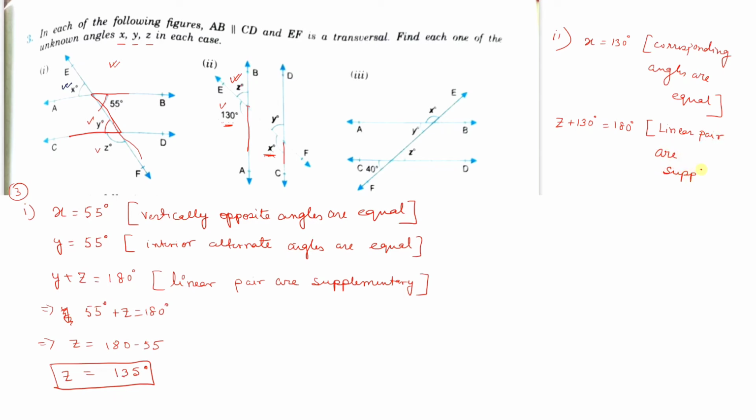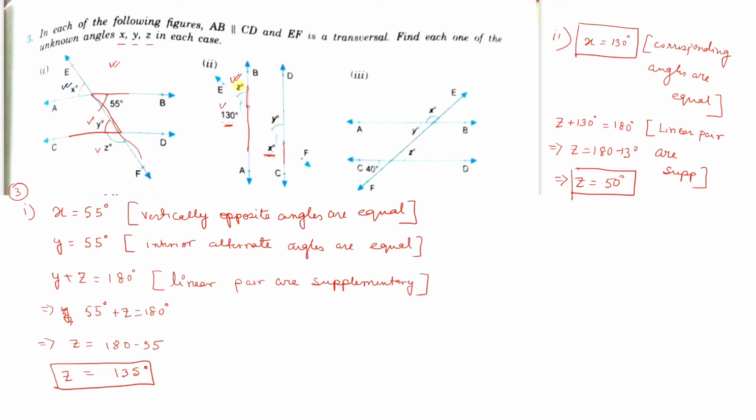Okay, so from here you will find out the value of z, that is 180 minus 130 degrees, z equals 50 degrees. Next you have to find out the value of y. So look, y and z are on the same side of the parallel line, means look at this, z is on the left hand side and y is also on the left hand side.